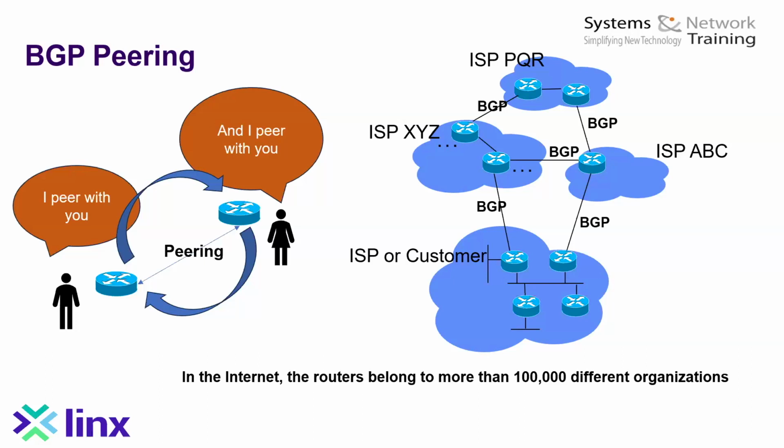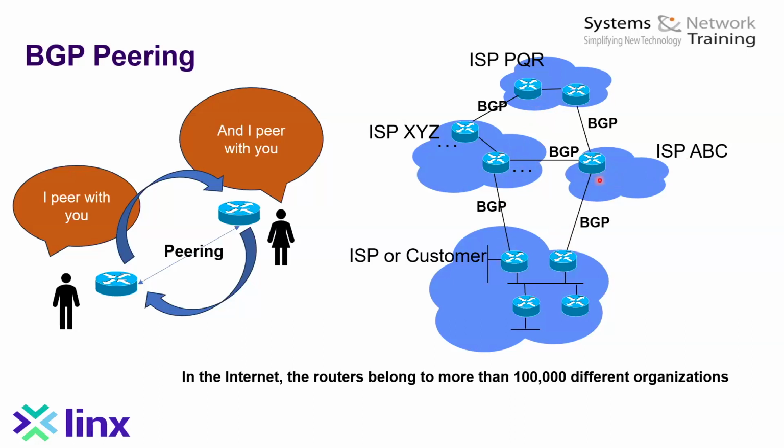No single organization, no single internet service provider, if you will, has knowledge of all networks in the internet intrinsically. So they must share routes.